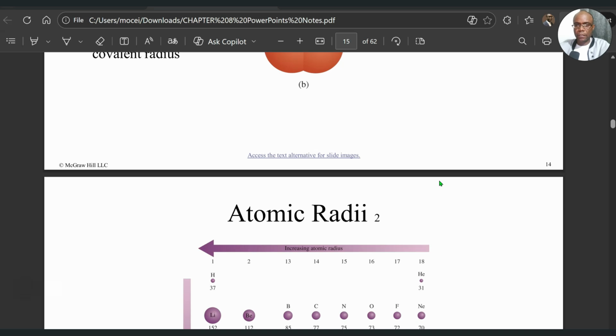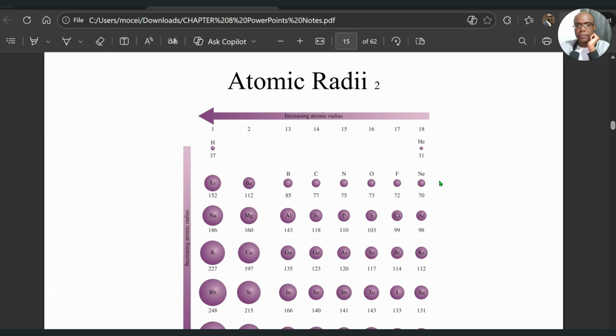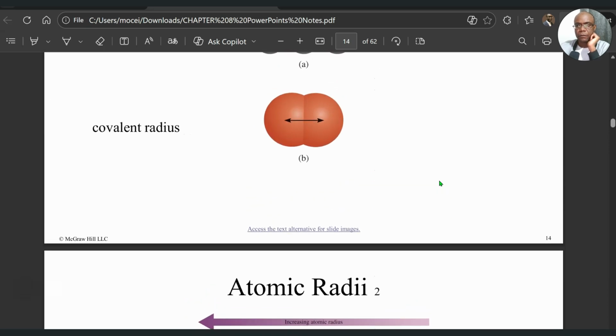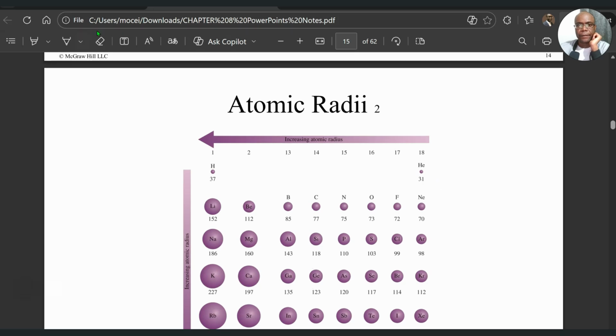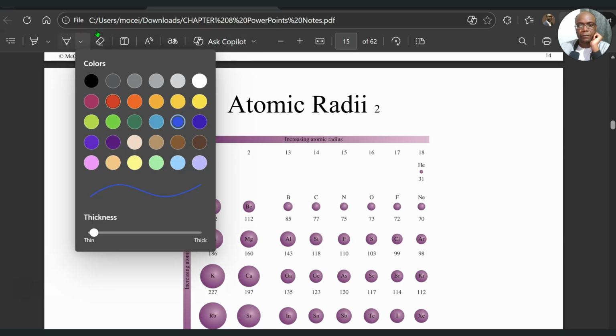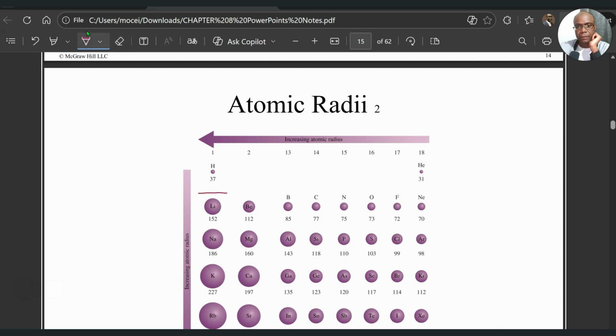Now let us look at atomic radii representation in the periodic table, just a visual look at it. We all know that the metals are usually found to the left. Look at these, except hydrogen, and now focus on each period. I know that these are metals, and you know that those are metals.